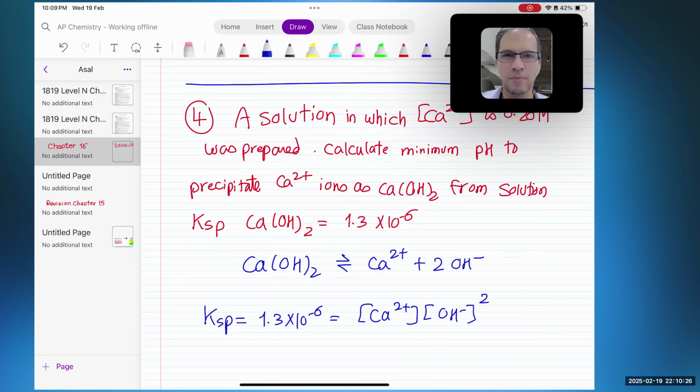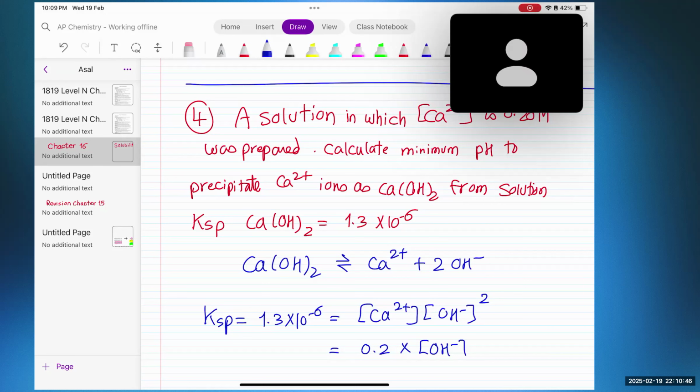Yeah, it's 0.2 plus S. Is equal to 0.2 already. Why is it plus S? We said that S is negligible, so we can ignore it, then times 2S, which is the hydroxide, to the power of 2, right?